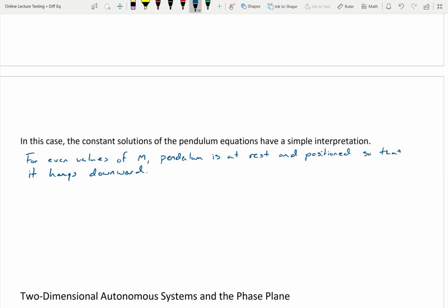So you can think of it as like a clock, and this is just going to be hanging down. So if we had some pivot point, and then here's the pendulum, some mass on it. All right.